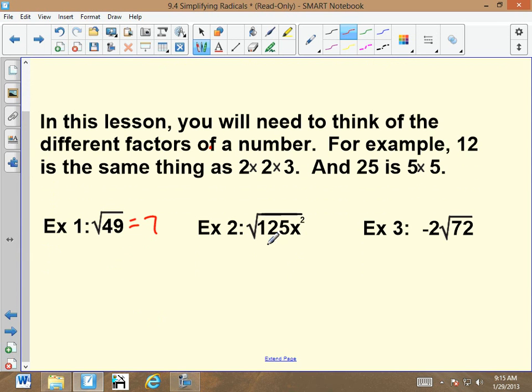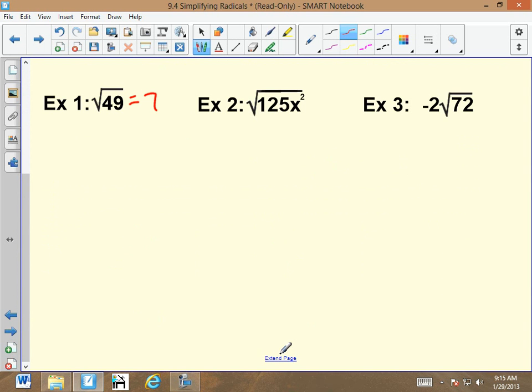Now, when you get into a number like 125, 125 is not a perfect square. So I need to make a factor tree. On the left side of your factor tree, you want prime numbers. Prime numbers are numbers that only 1 and that number will go into.